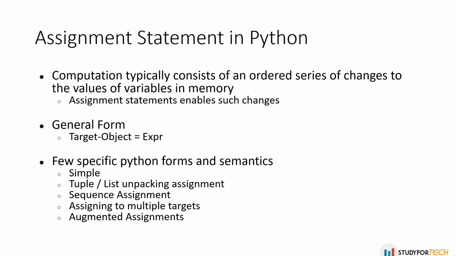So the assignment statement in Python. What is actually an assignment statement? When you say x equal to 5, and if you say x equal to, let's suppose, 5 plus 4 multiply by 3.